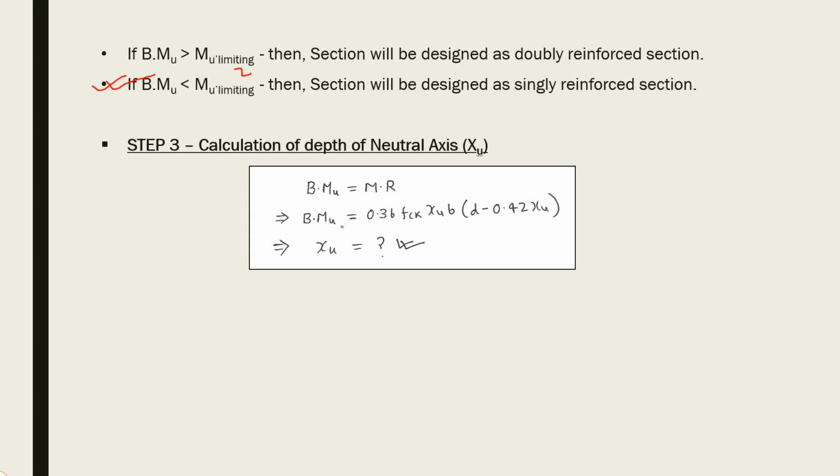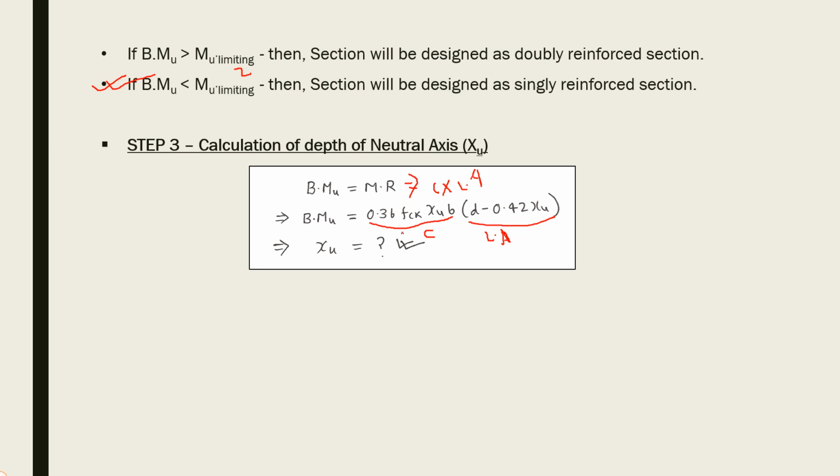So ultimate bending moment equals moment of resistance of the section, which is C into LA, where C is compression and LA is lever arm. We will calculate the depth of neutral axis from this formula.